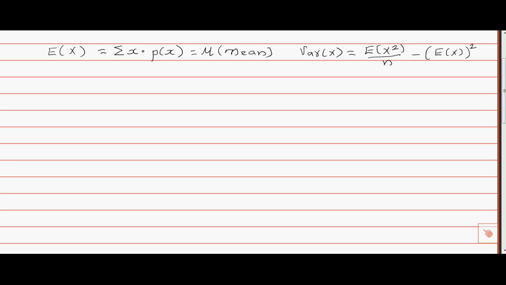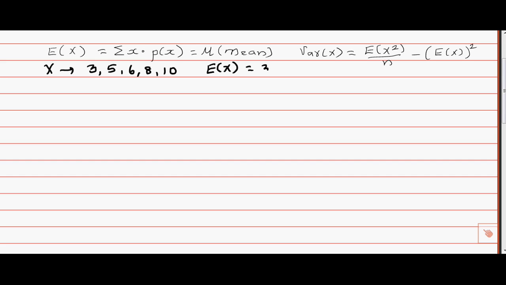Okay, so let's take a random variable x. Let's say the random variable x is 3, 5, 6, 8 and 10. So let's find the expected value. Expected value is just the mean, so you have to just add them up.